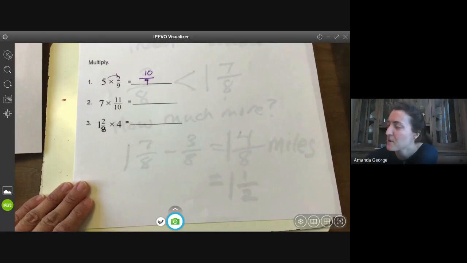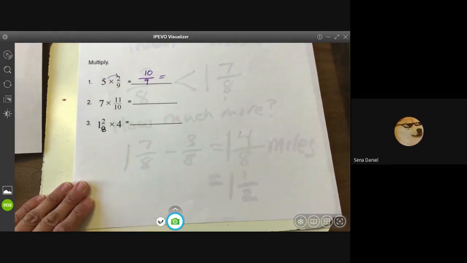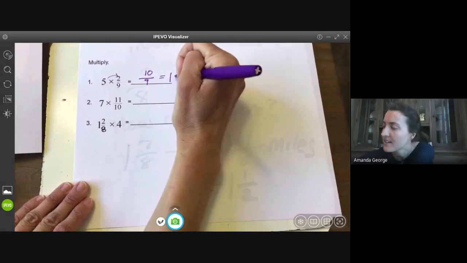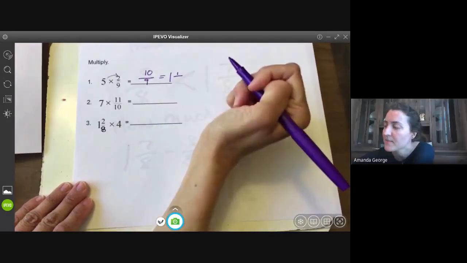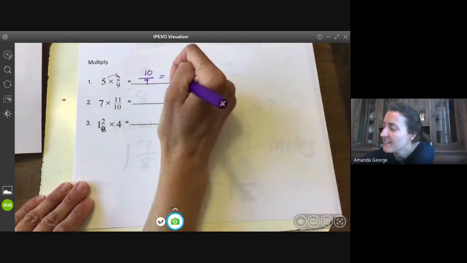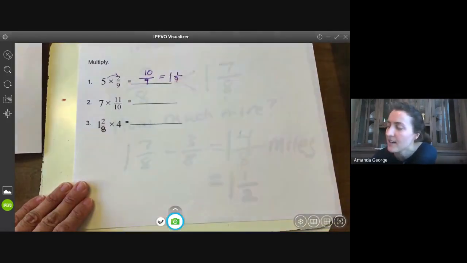Saina, unmute and tell us. 1 1/10. Close. 1 and 1. What was your denominator? 9. Good. 1 whole fit in there, and you still had 1/9 left over.